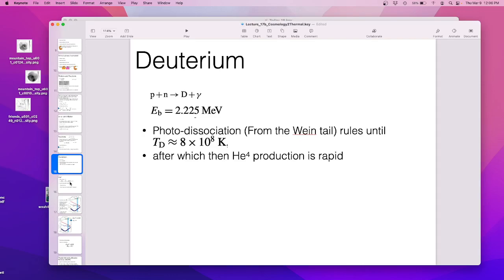All right, so we've got protons, neutrons, deuterons, helium-4 and helium-3. And there's equilibrium processes between all of these guys, and they're all energy dependent.